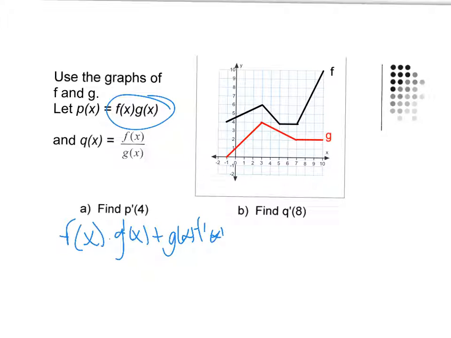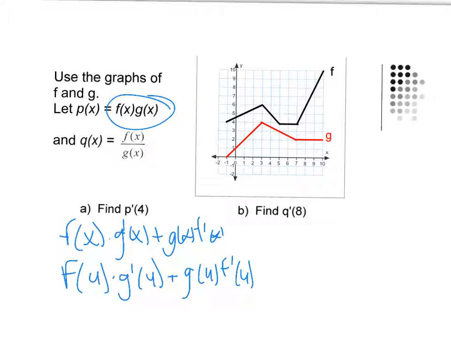And then if we plug in what x is, it's 4. So basically you're looking at the graph to see what f of 4 is and what g prime of 4 is, what g of 4 is, and then what f prime of 4 is. If you look at the graph, f of 4 is literally 5.